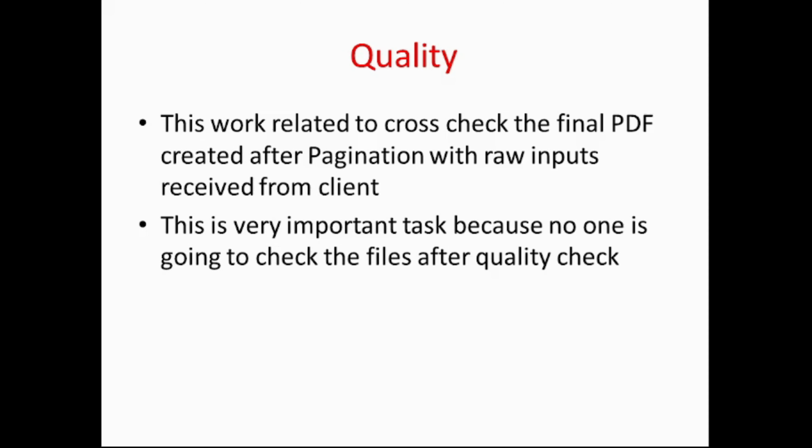Then comes quality. Quality is where we cross check each and every aspect of whatever we have done previously, like what input we got from the client side, what the manuscript was, and any special instruction received from the client side.